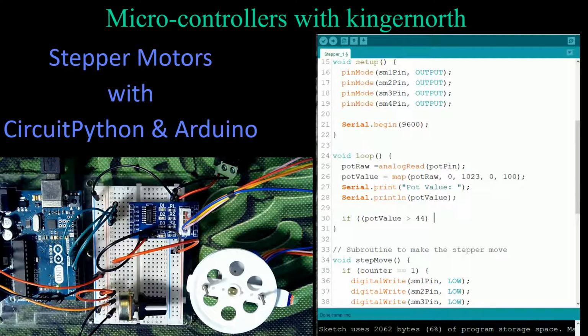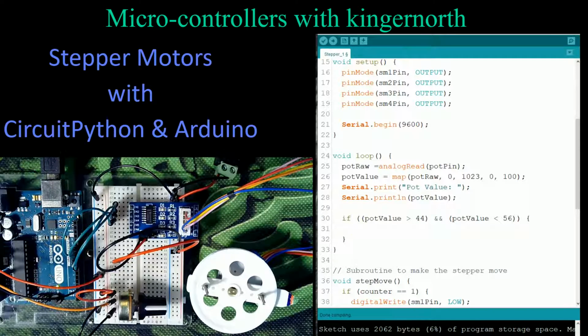So we're going to use the ampersand, which means and. It's a Boolean and. And we're going to take this pot value, and we're going to say pot value less than 56, and we can put in our brackets. And then we're going to create a small little subroutine in here.